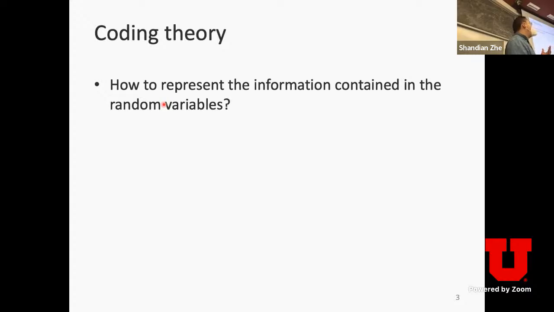Usually people think, if I'm more sure about the value, I know more about that random variable. But in coding theory and information theory, things are on the contrary. The more random the random variable's outcome, the more uncertain we are, which means that we need to know more about the value it can take. That's why we view those kinds of random variables as containing more knowledge, more information.